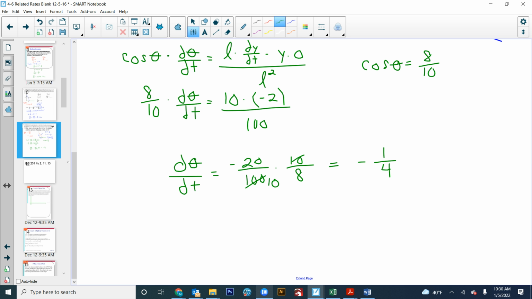Units: radians per, I think it was seconds, wasn't it? Radians per second. This class will always be in radians.